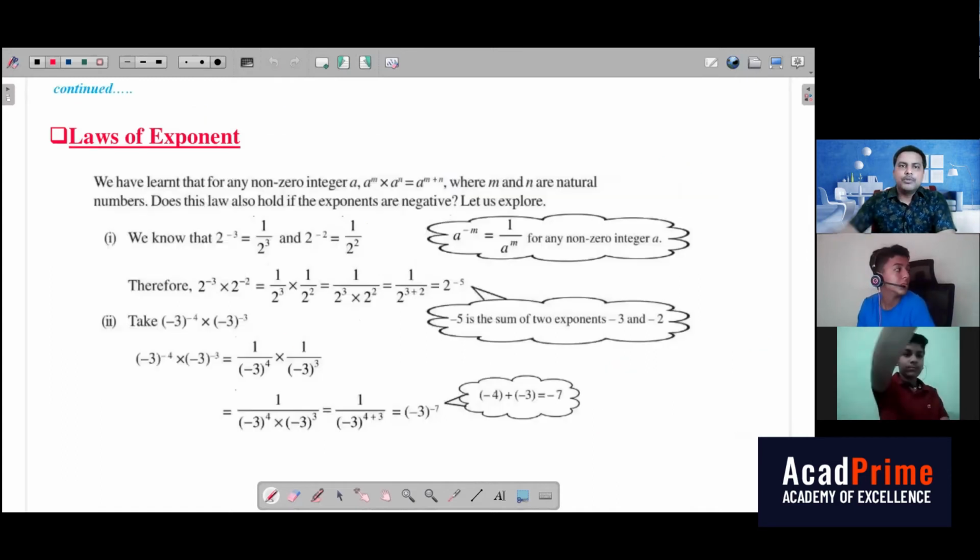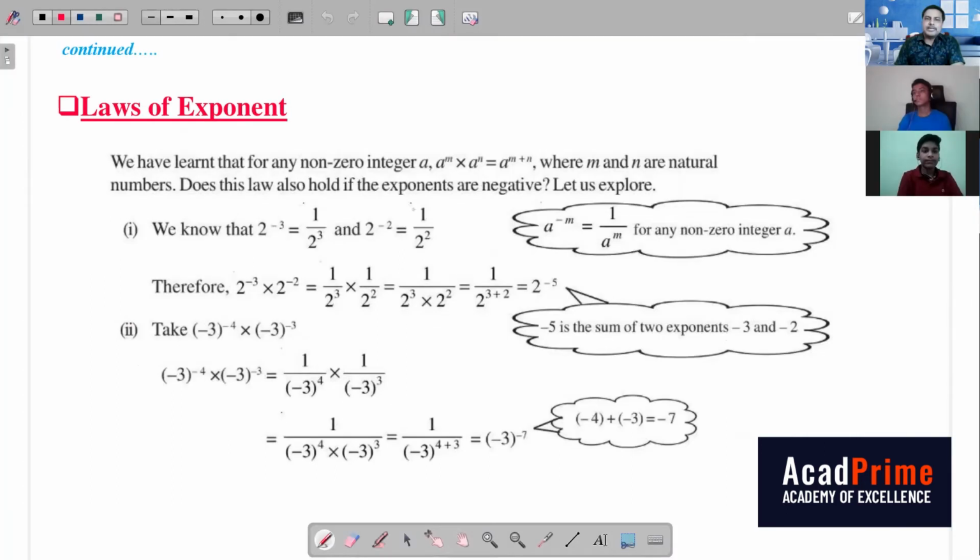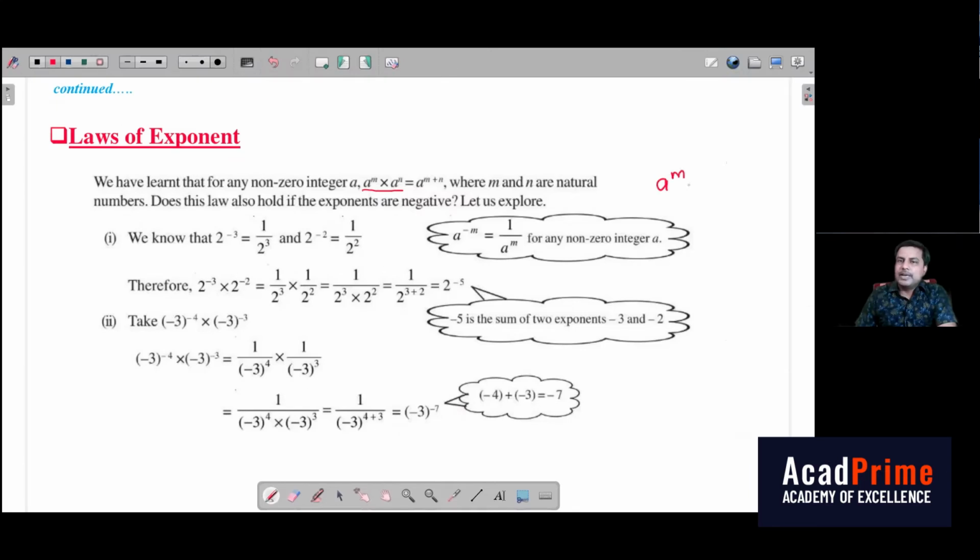Moving forward, we have some laws of the exponents, and we need to follow all those rules for solving the problems of this chapter. The first law: for any non-zero integer a, suppose we have a raised to the power m times a raised to the power n.